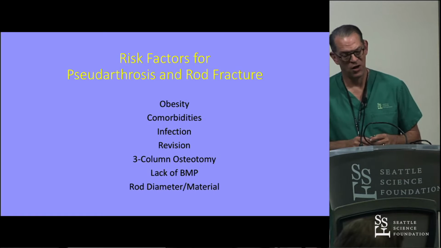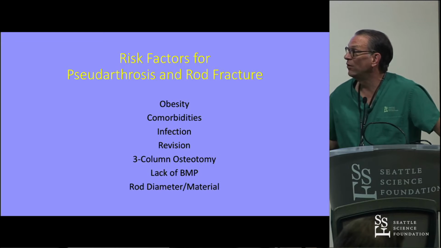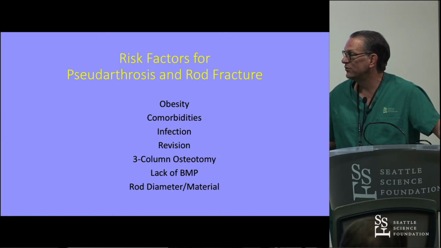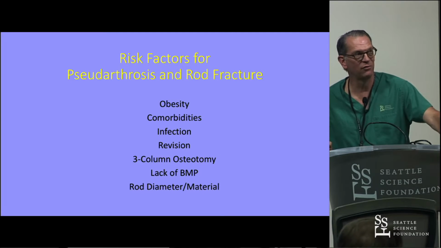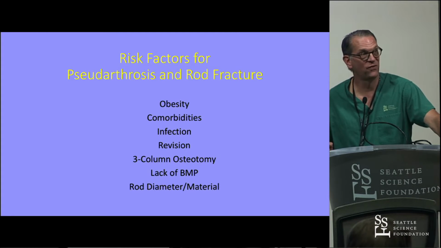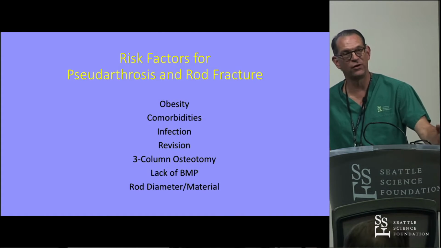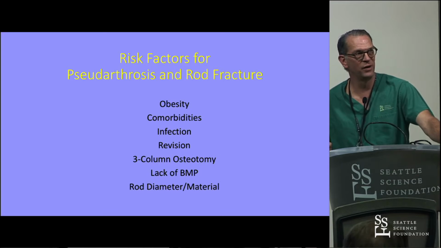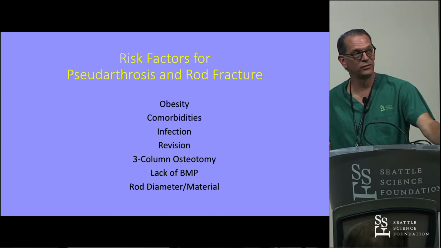I'm a believer in BMP for adult deformity surgery. This really doesn't project on these screens, does it? So the lack of BMP I've put as another risk factor, and we actually did show within the ISSG data that centers where surgeons used BMP compared to centers where they didn't, the BMP users had a lower rate of rod fracture and non-union, and there was a very variable dosage used.